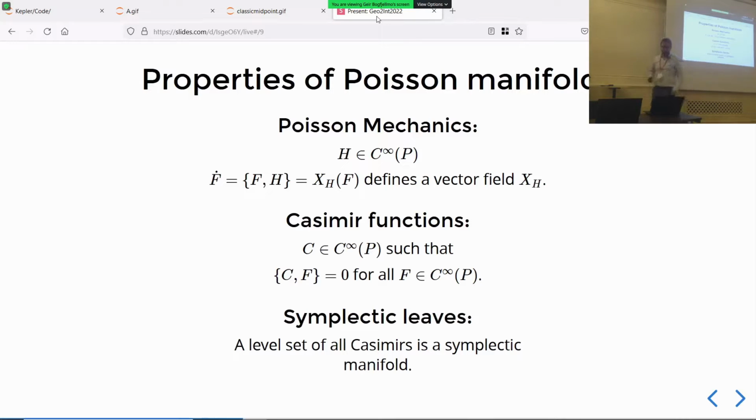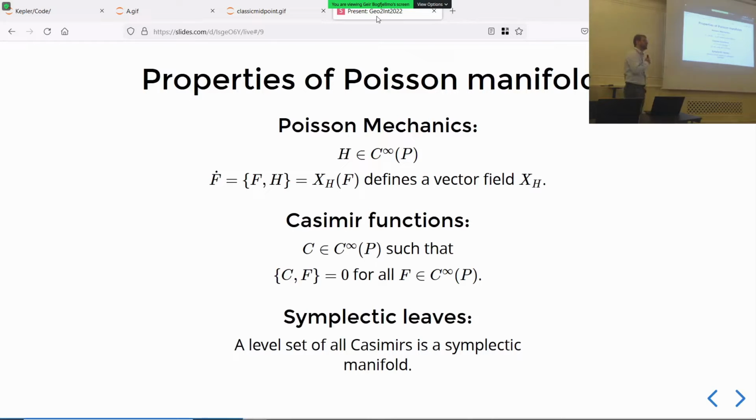They are non-zero functions, but the bracket with them always gives 0. They arise from the Poisson structure, and if you look at all the Casimirs, it's of course an infinite set of functions, but they're always going to be generated by some finite number. If you have a submanifold that's a level set of all Casimirs, then that's going to be exactly a symplectic manifold.